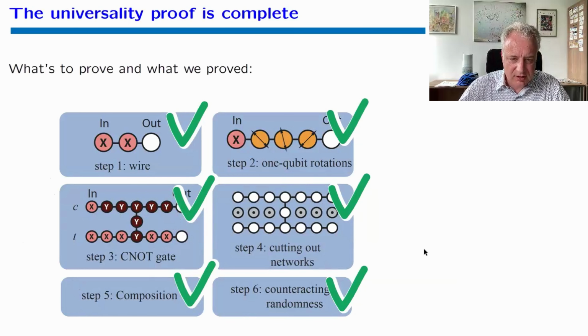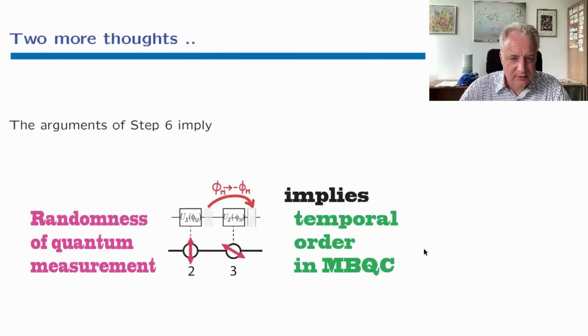There are a few additional comments about counteracting randomness. This is something that I already briefly alluded to. The randomness of quantum measurement and the need to account for that in the logical processing implies the temporal order in measurement-based quantum computation.